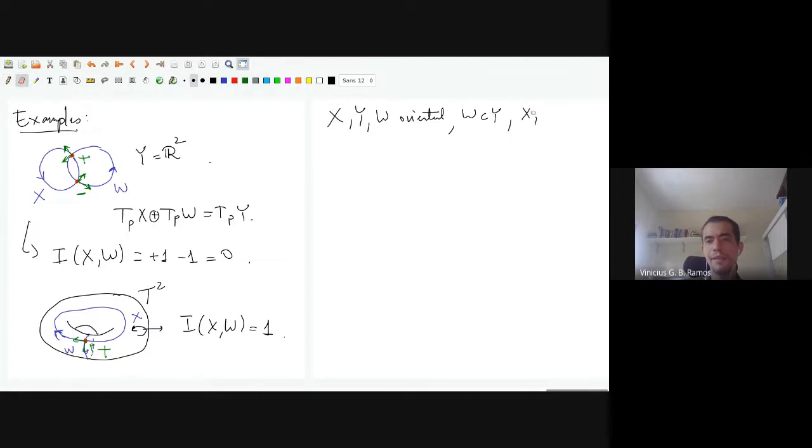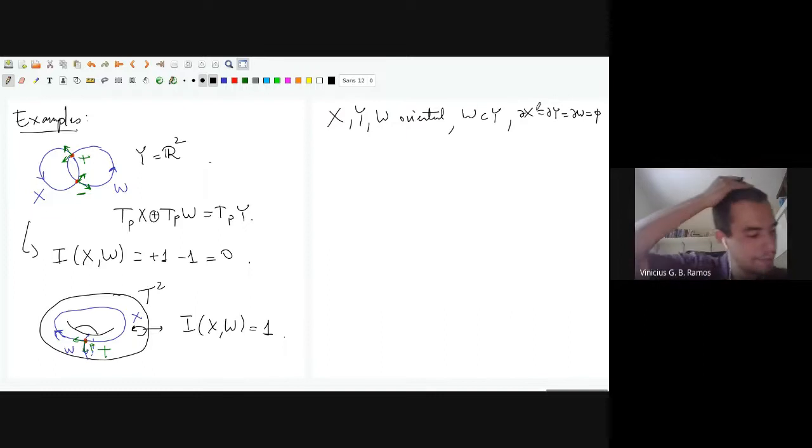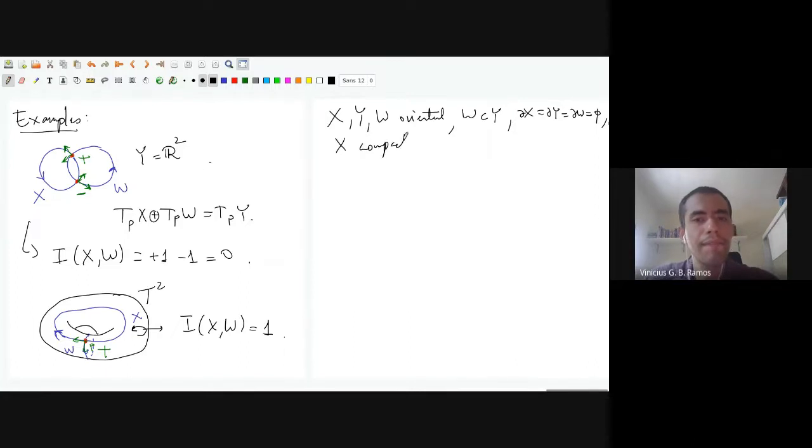The boundary of x, the boundary of y, and the boundary of w are always empty for now. And I will assume that x is compact, and w is closed inside of y.